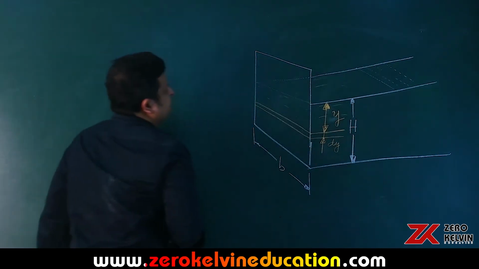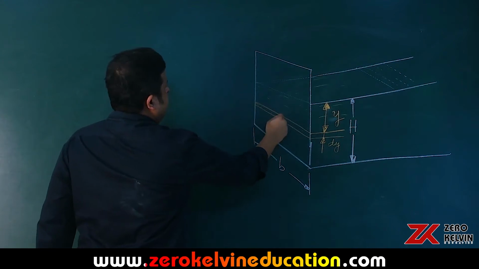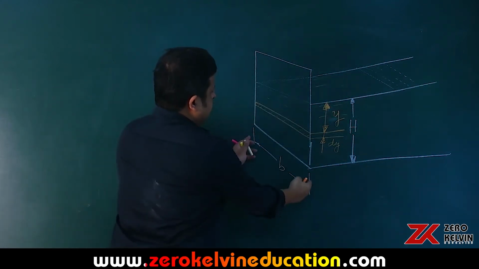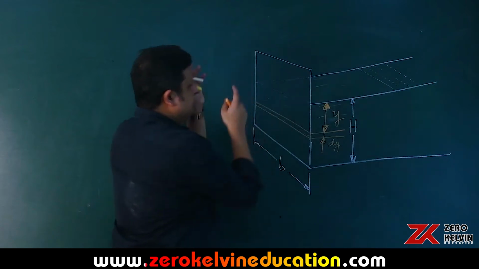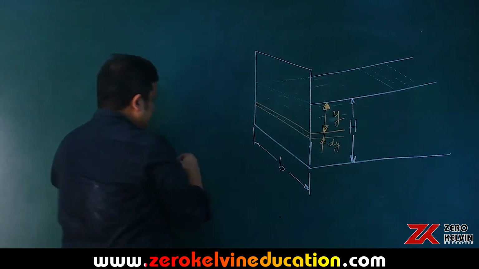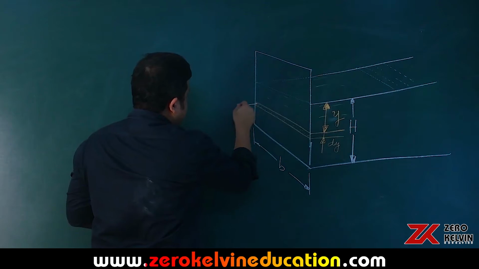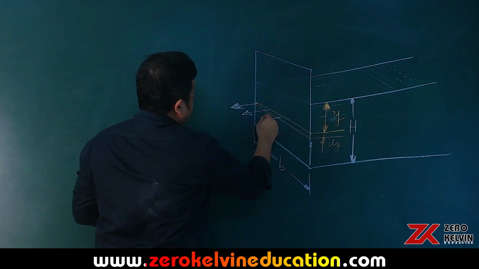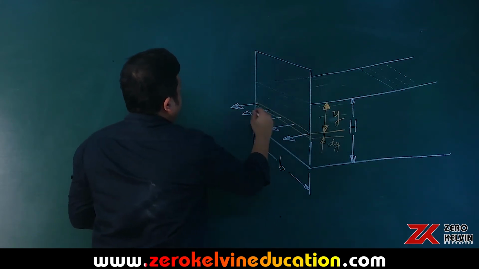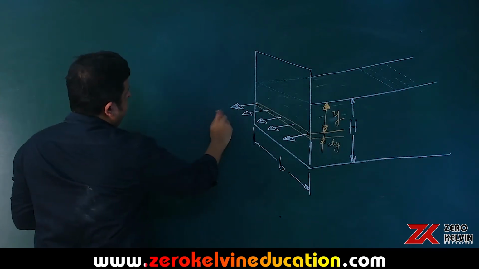That's dy. That's the rectangular strip. So the width of this rectangular strip is same as the width of this wall, and force acts normal due to pressure. Force acts normal to this strip in this following way. So let the force be dF.